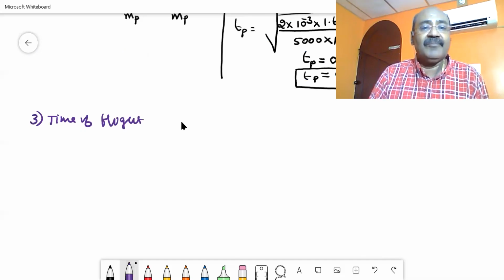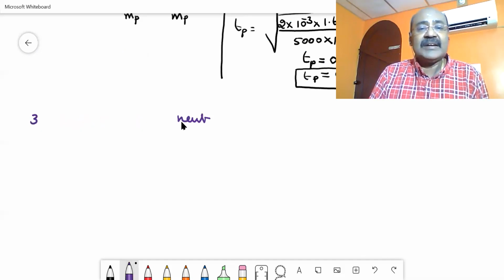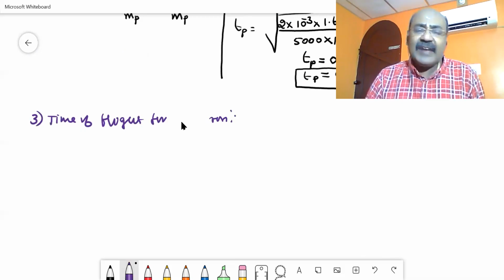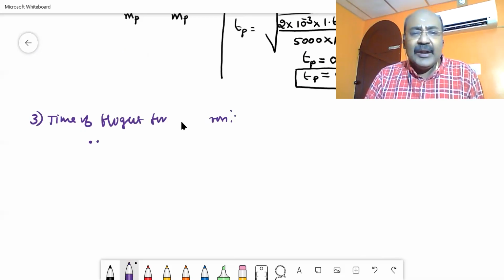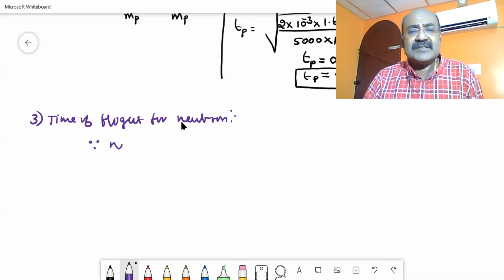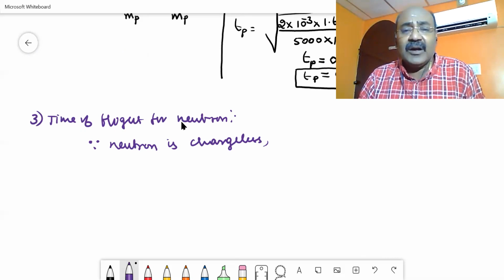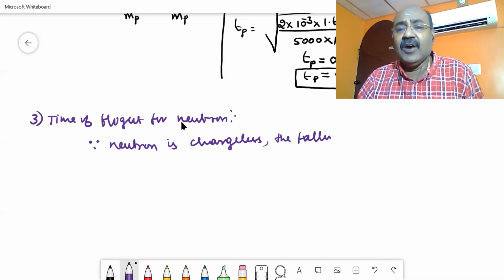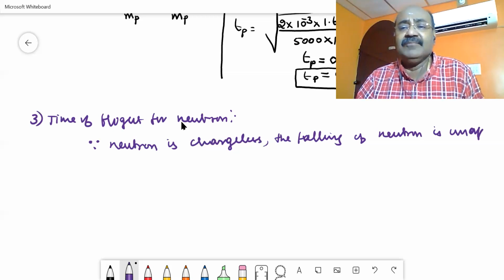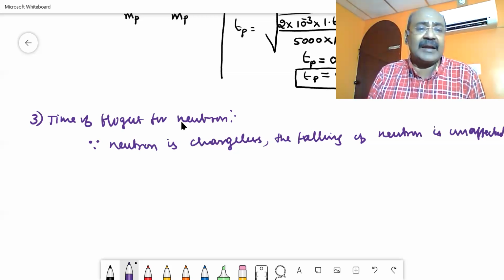Since the neutron is chargeless, we can consider that the fall of the neutron is unaffected by the electric field.